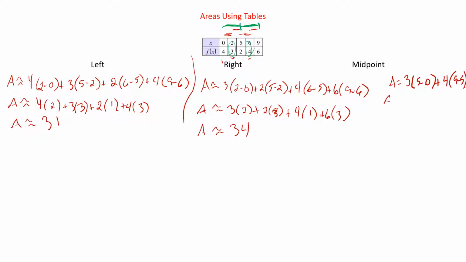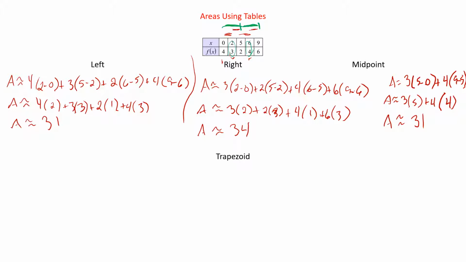That'll give us 3 times 5 plus 4 times 4. 3 times 5 is 15. 4 times 4 is 16. So in this case, the area is going to be about 31.